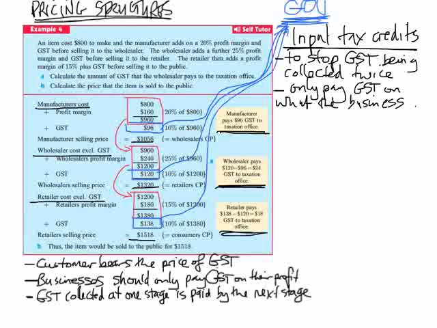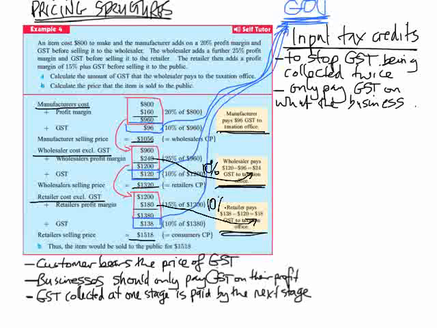So in the end, they only pay $18 to the government in GST, which, as before, is 10% of their profit margin. So there is a link of this being 10% of what they have done, the service that they have essentially provided. They have made the thing like the manufacturer.